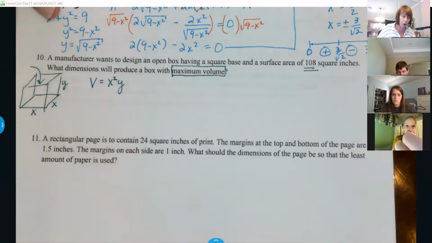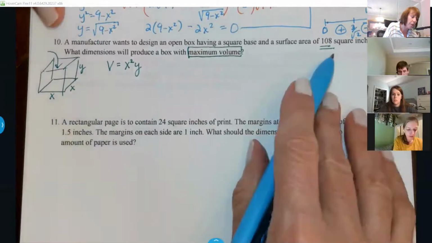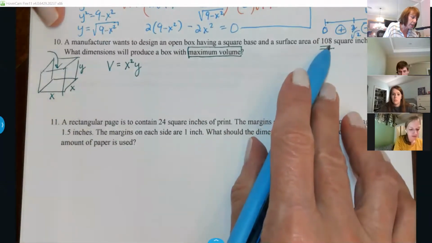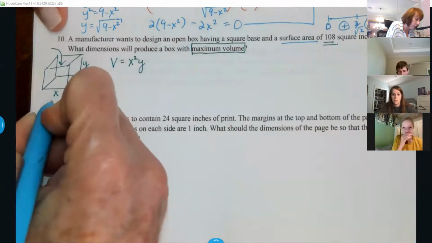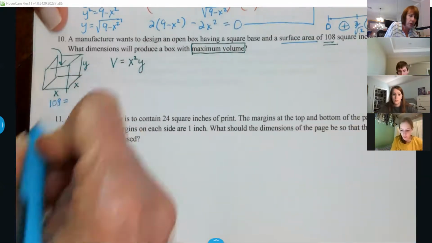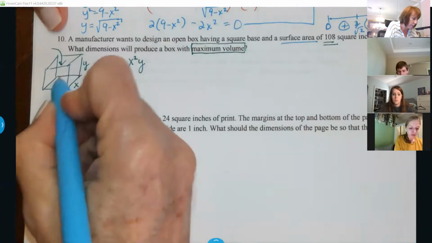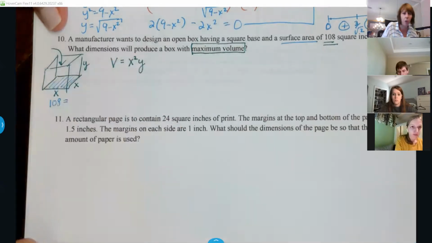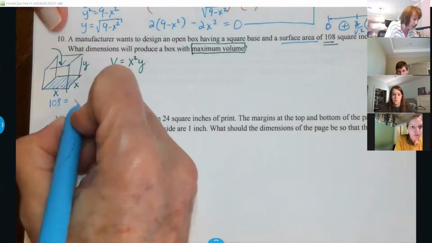I'm not sure where to go. I usually try to go underneath this box, but I don't know if there's room. I will try. So let's see. I know the surface area is 108. So I'm going to say that 108 is equal to, okay, I need the surface area. Let's go to the bottom of the box. There's the bottom. What's that area? x squared.